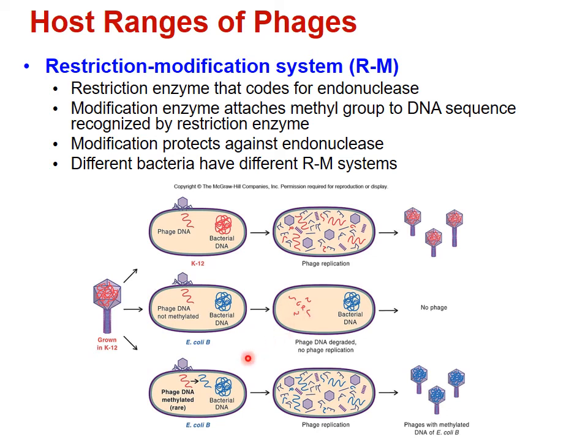Now, occasionally, there would be an infection by a bacteriophage grown on K12 that would survive for a while and get modified by methylation events caused by the restriction modification system. If that happened, it gets converted from looking like it's from the K strain to looking like it's from the B strain. It will survive and proceed with infection.